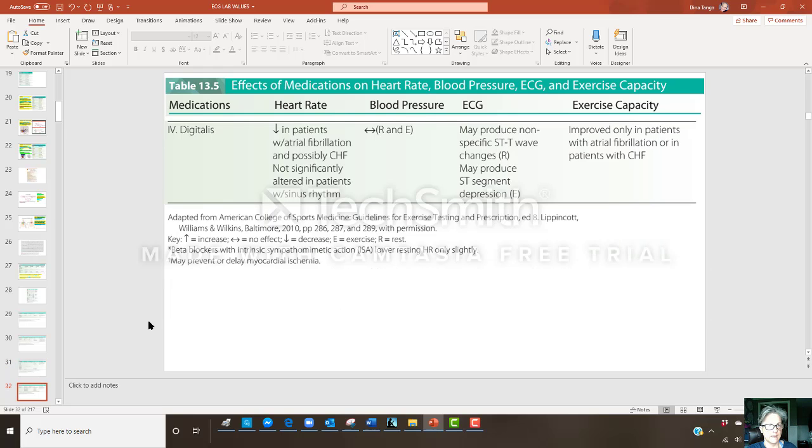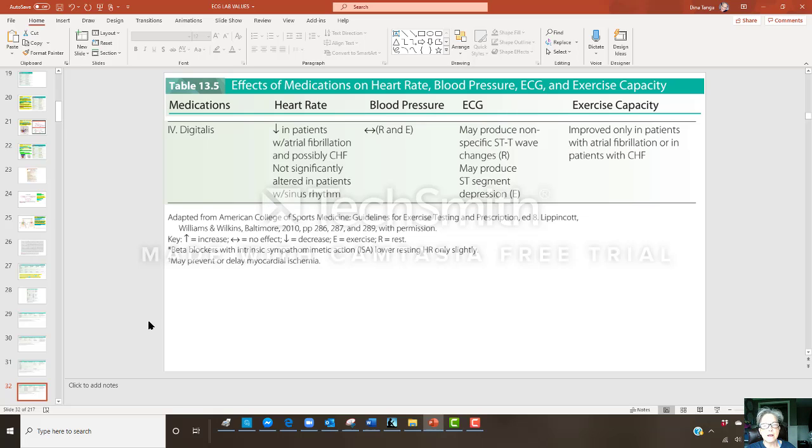Digitalis. The heart rate is going to decrease in patients with atrial fib and possibly chronic heart failure, congestive heart failure, not significantly altered in patients with sinus rhythm. It's going to have no effect on the blood pressure at rest and with exercise.